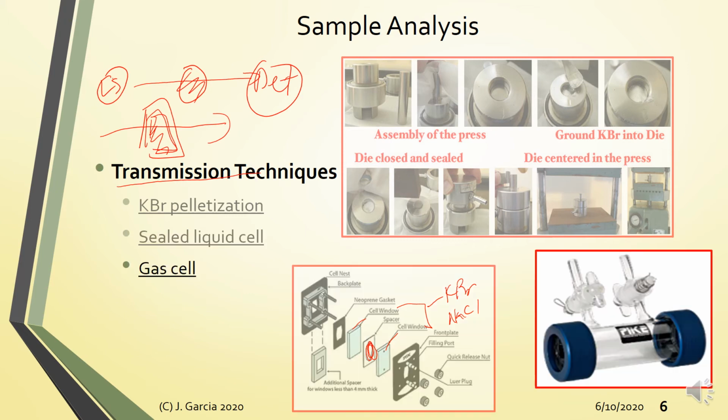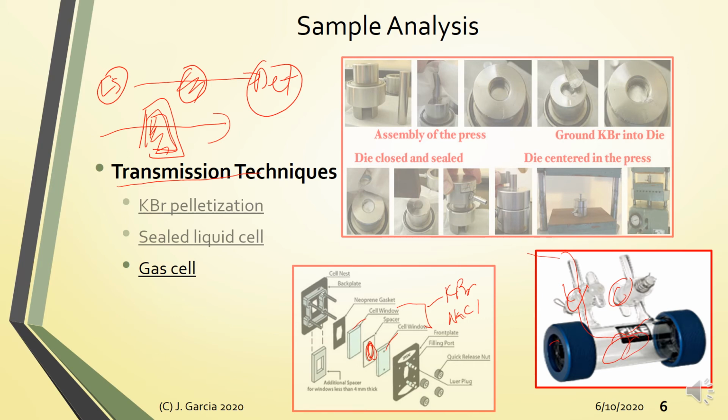Okay, you can also analyze gases. Okay, so this is a gas cell. So basically you have your stopcocks. So using a pump or a syringe, you fill this up with the gas sample. Okay, then you lock the stopcocks. Okay, so the gas are trapped dito sa, well, glass cylinder lang naman ito.